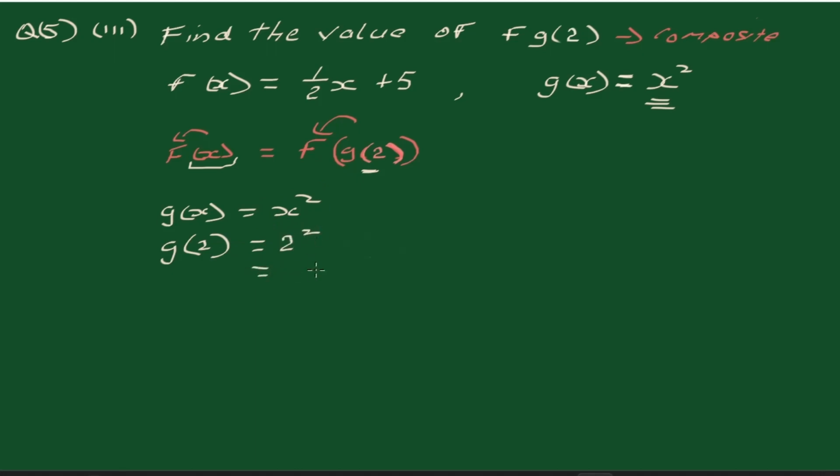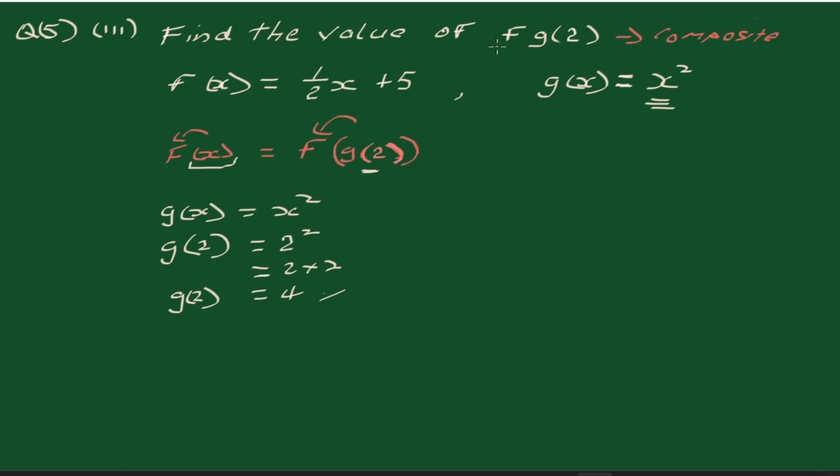So it's 2 squared. 2 squared is the same as 2 multiplied by 2, which is 4. So g2 equals 4.